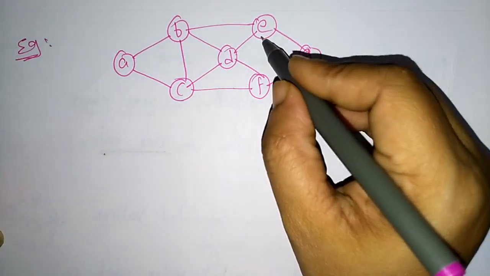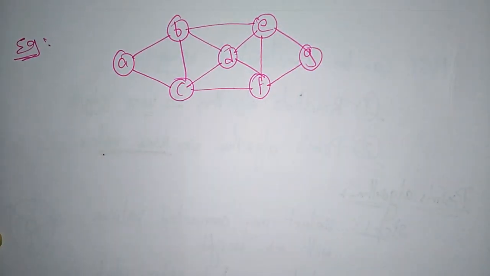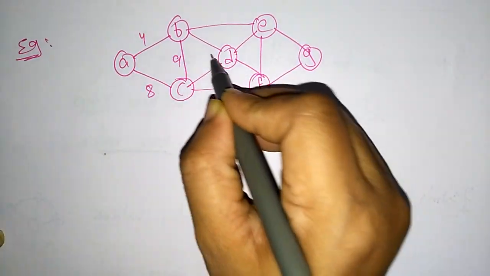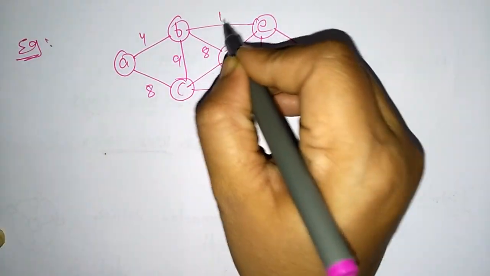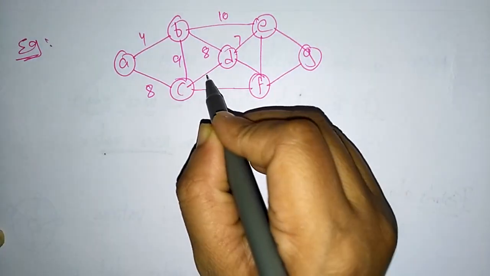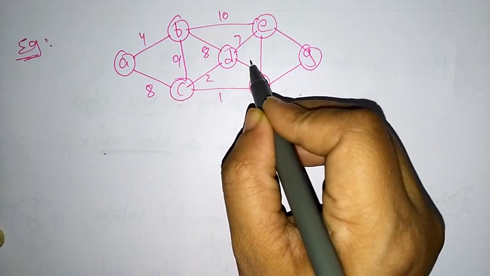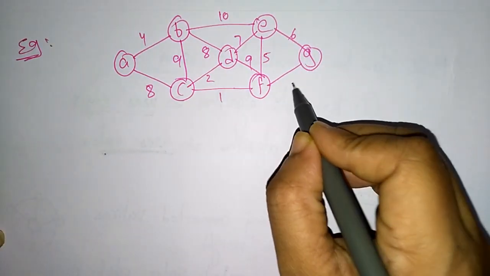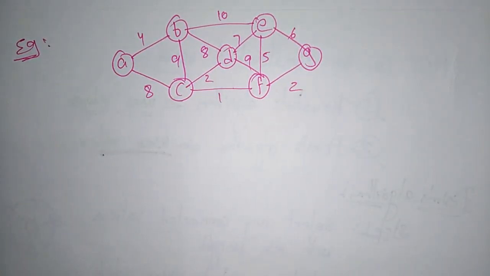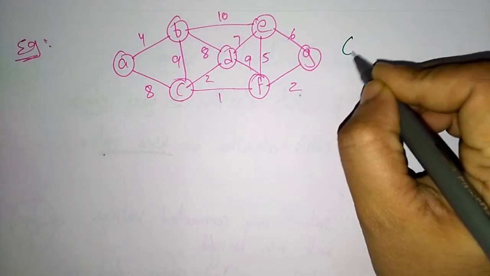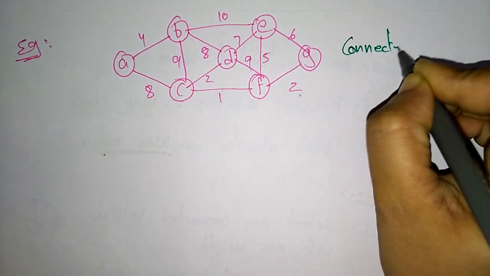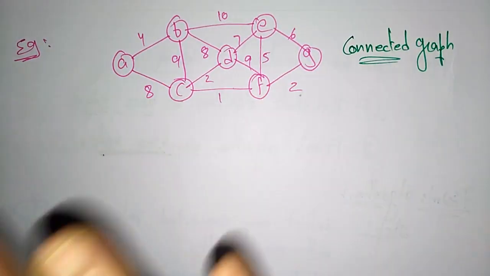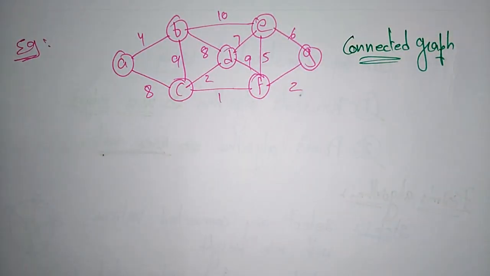Let me write the weights 8, 9, 4, and this is also 8. This is, let's take 10, 7, 2, 1. Then 9, 5, 6, 2. So this you call a connected graph, where one vertex is connected to another vertex. Everything is in a circuit.